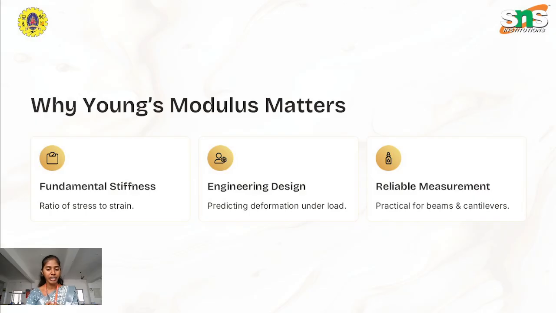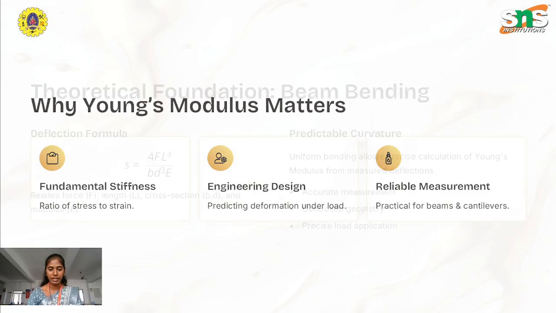While applying load to a body, how it will deform and how much it will deform; the engineering design is analyzed and predicted using Young's modulus. Then reliable measurement, practical for beams and cantilevers. These are the three factors for why Young's modulus matters.